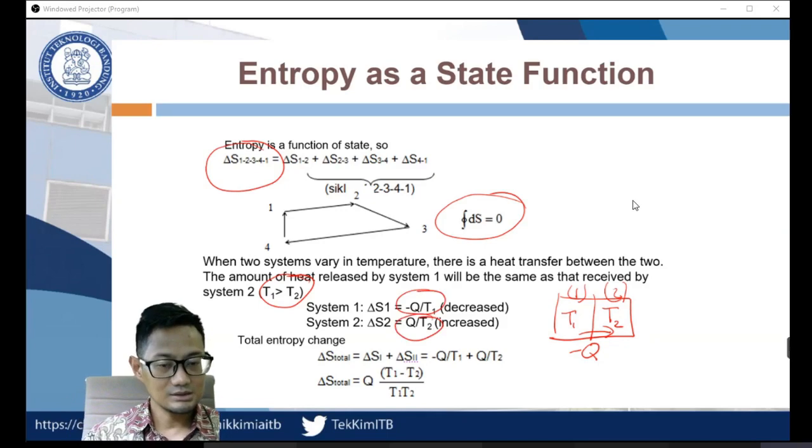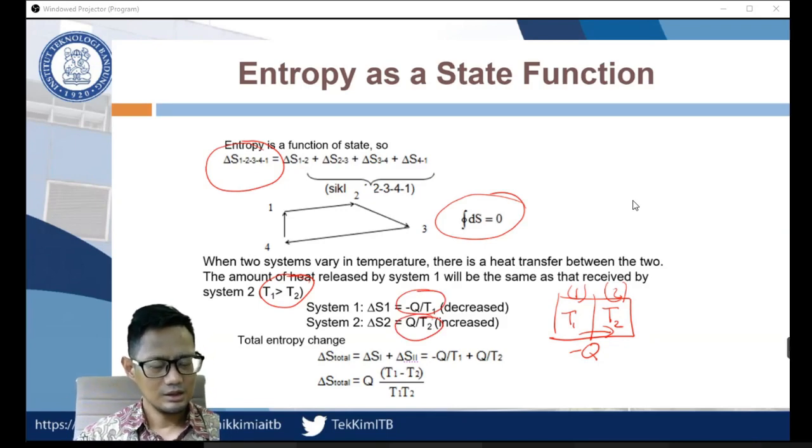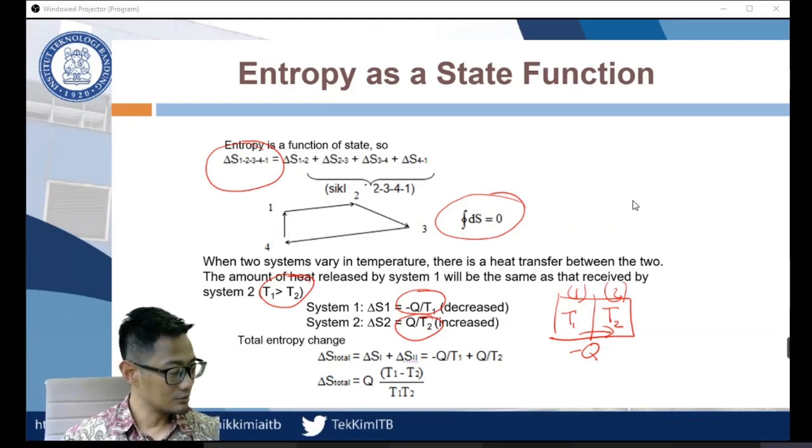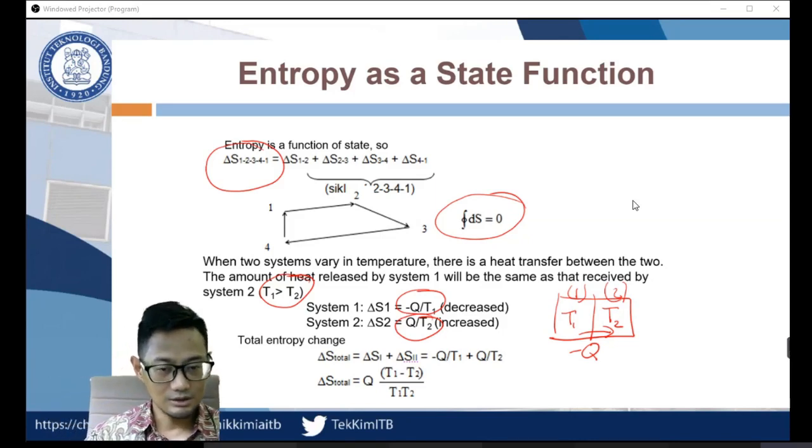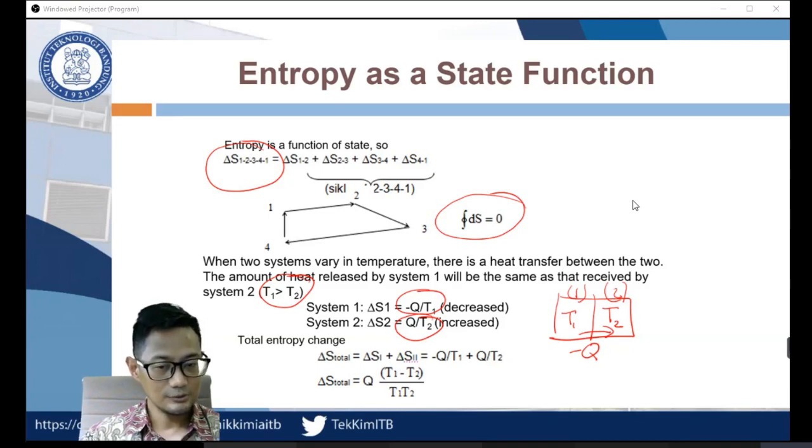When we consider system number 1, heat is released, the temperature decreases. In the opposite way, when we check system number 2, the heat is absorbed, the temperature increases. Now, which temperature should we use? We have to use the temperature of the system accordingly. So for system 1, use T1, while for system 2, use T2.